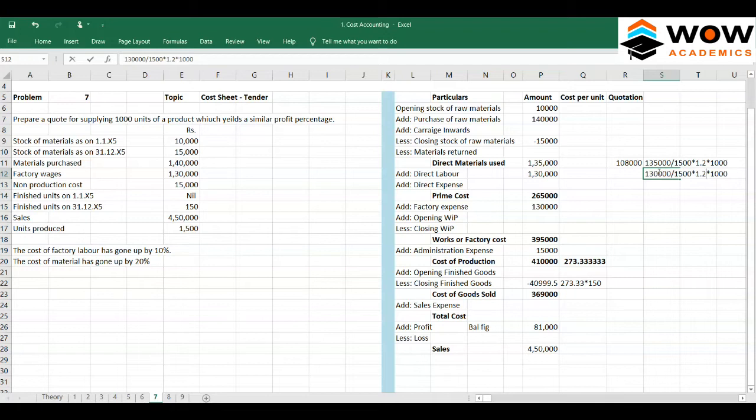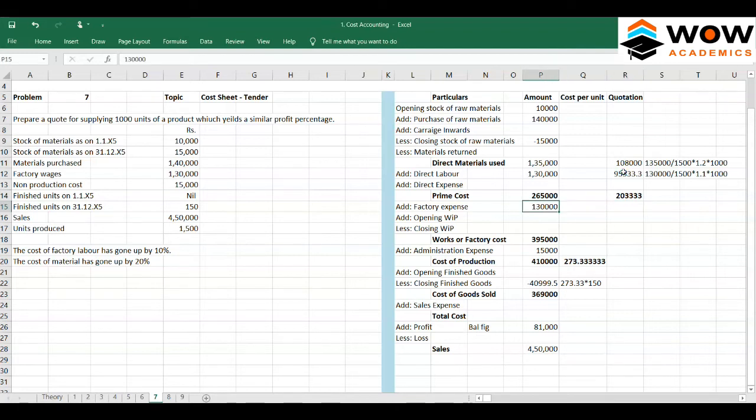That is going to go up by 10%. We want to find out for 1,000 units. So let's get it. So we got the amount. So let's add both. It comes to 2,03,333.